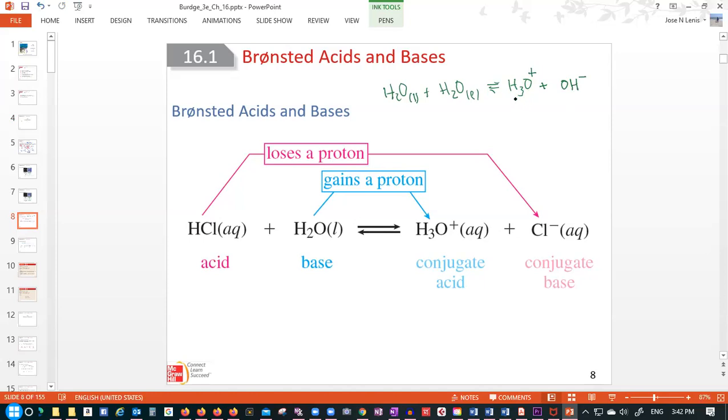So we have hydronium and hydroxide. And this is the hydroxide. And we call this species, hydronium, the most acidic, and this one, the hydroxide, the most basic.